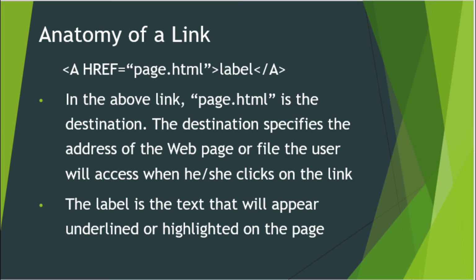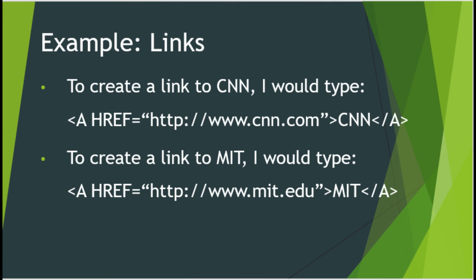When she clicks the link, that file will be opened. The label is the text that will appear underlined or highlighted on the web pages. So this is the example of the link.